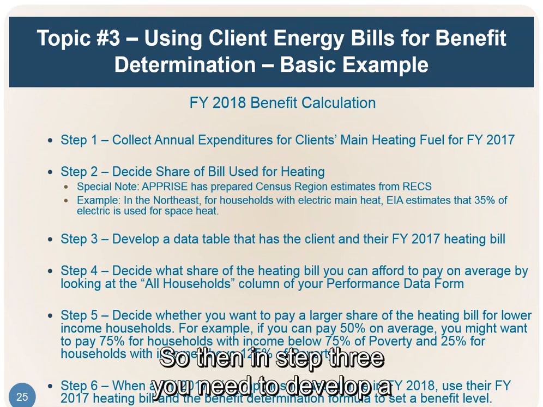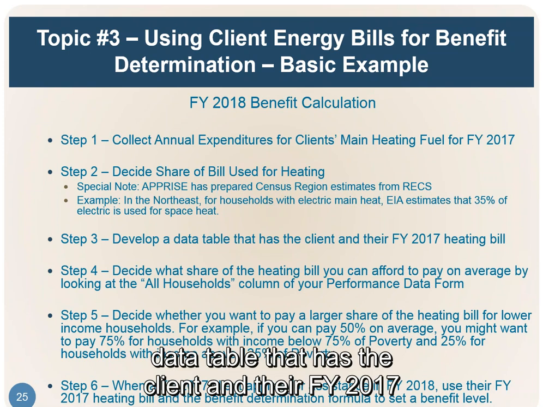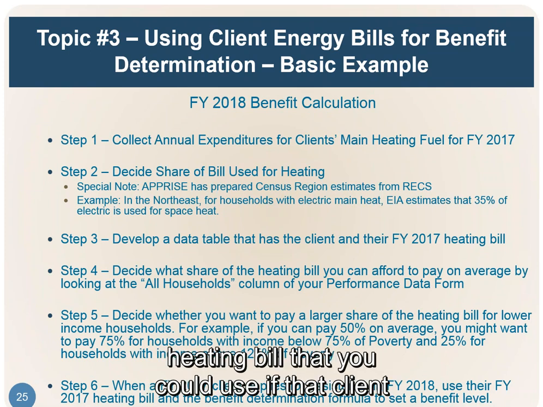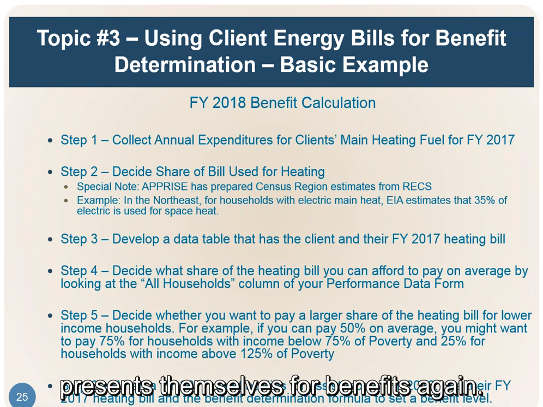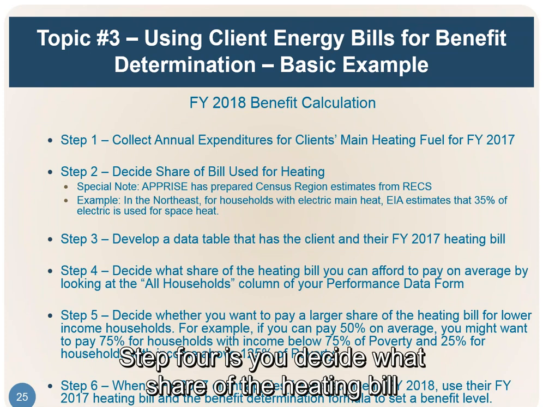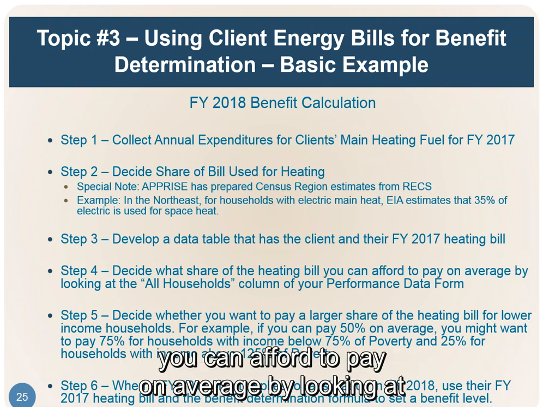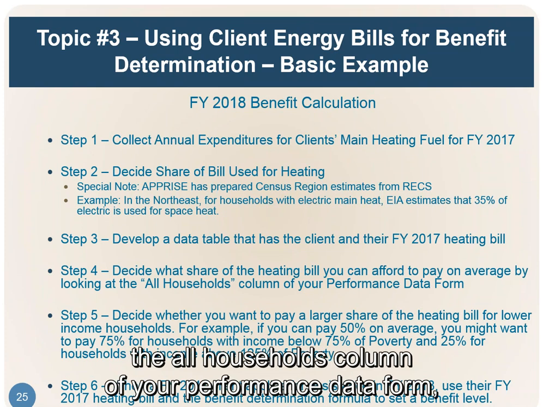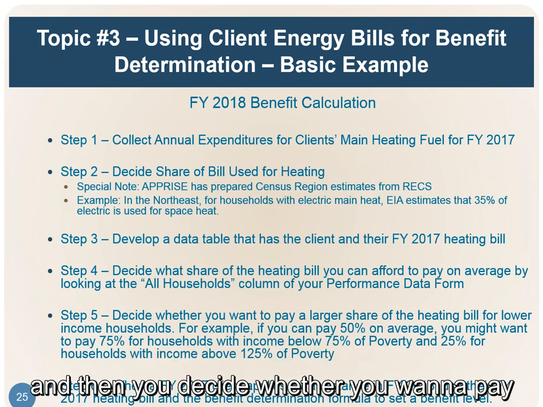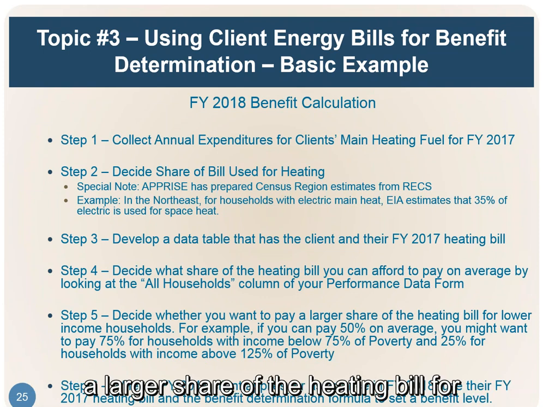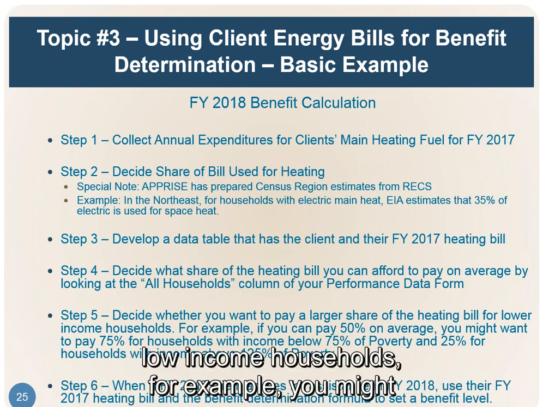So then in step 3, you need to develop a data table that has the client and their FY 2017 heating bill, that you could use if that client presents themselves for benefits again. Step 4 is you decide what share of the heating bill you can afford to pay on average by looking at the all households column of your performance data form. And then you decide whether you want to pay a larger share of the heating bill for low-income households.